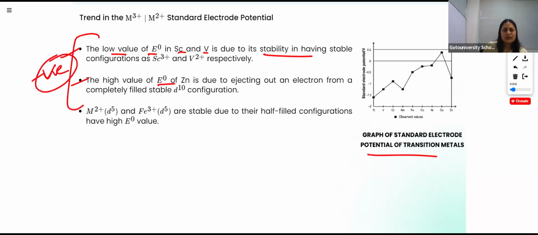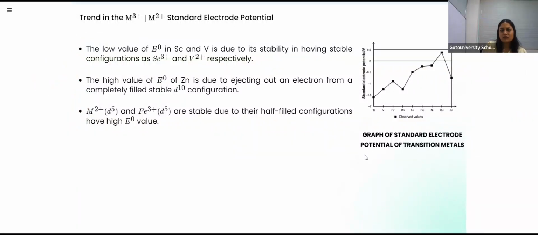We have discussed for all the elements of the first series on what factor they show this negative value. For Zn, it has a d10 configuration; for manganese and iron, which show a d5 half-filled configuration, they have high inert values, right?